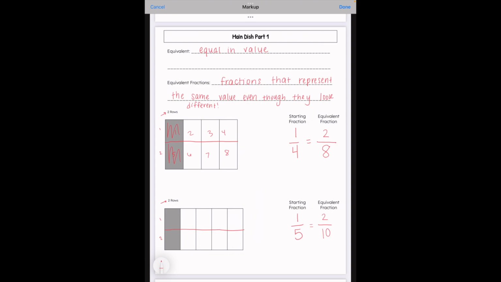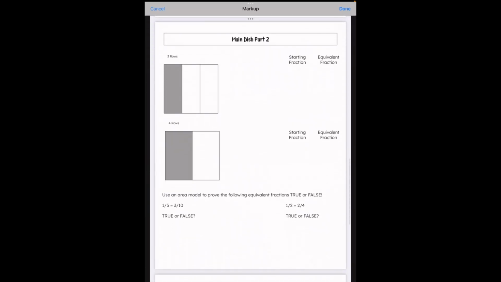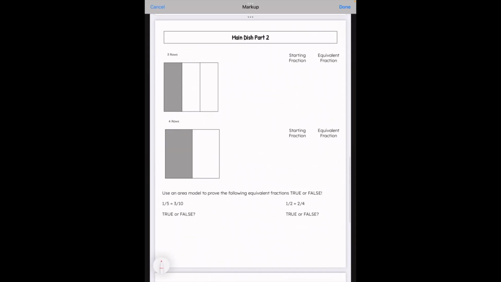Let's go ahead and turn to main dish part 2 and get some extra practice with this. This time our starting fraction is 1/3, and we're going to make the model have 3 rows. So there's 1 row, 2 rows, and then the 3rd row. And I'm going to label those off to the side.